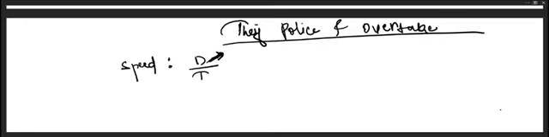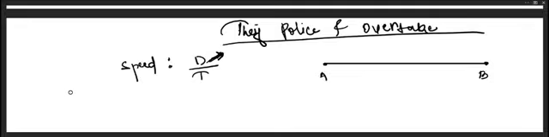How is distance measured? Let's try to understand it with the help of a diagram.